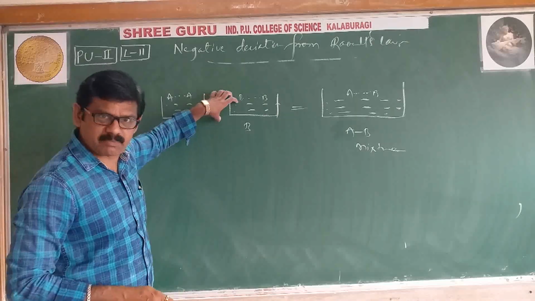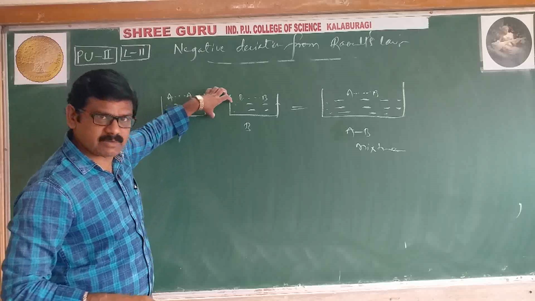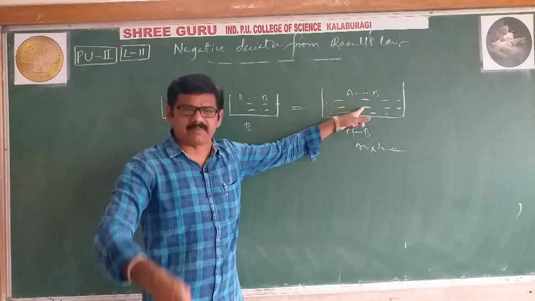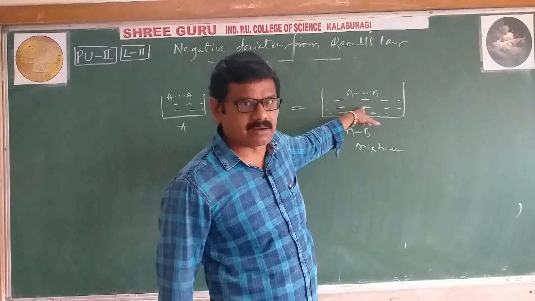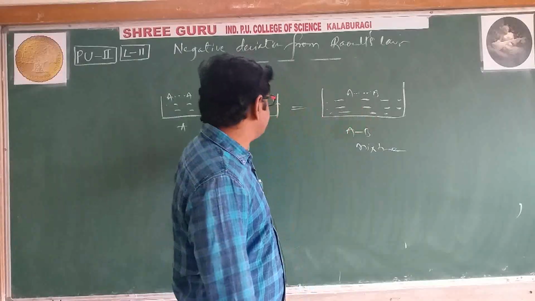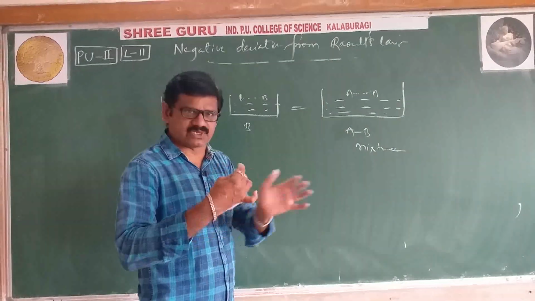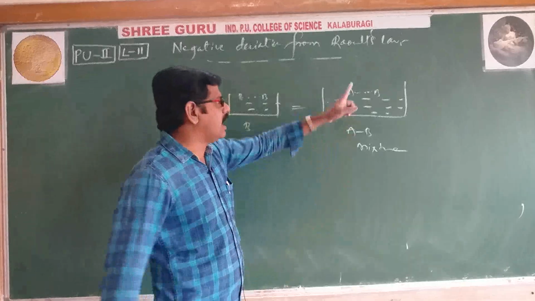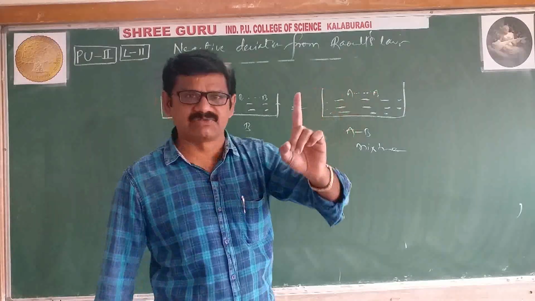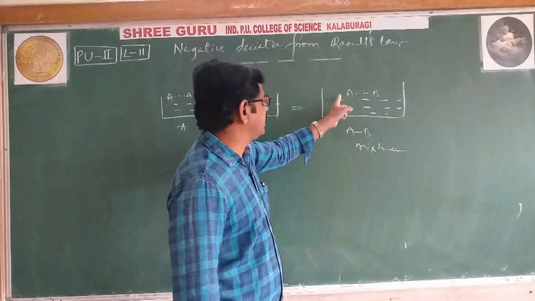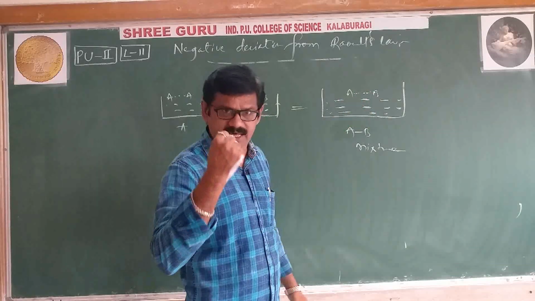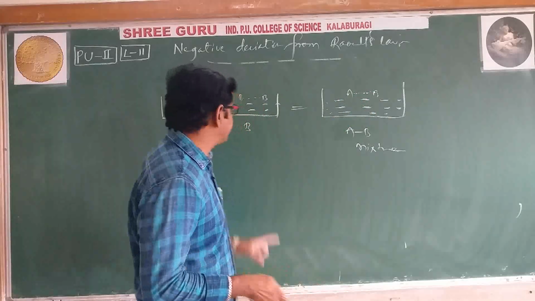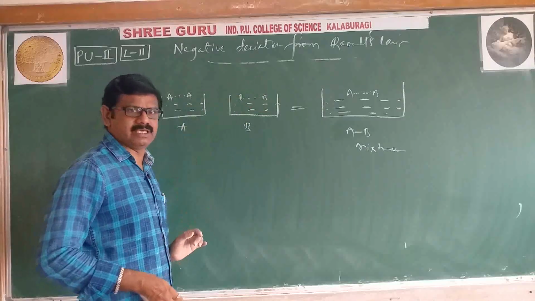Comparing with the pure components, in the mixture attraction forces are more. Before mixing and after mixing, after mixing attraction forces are more. Means between A and B attraction forces are strong, more compared with AA and BB.